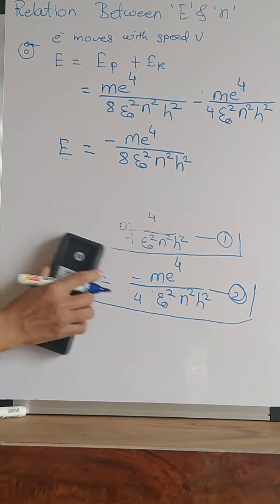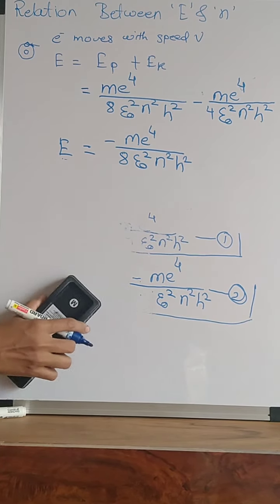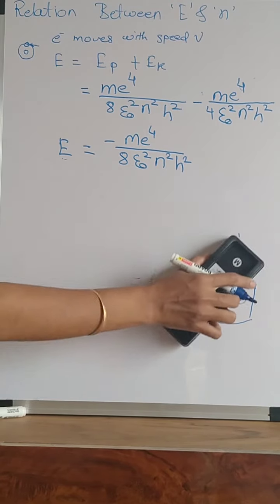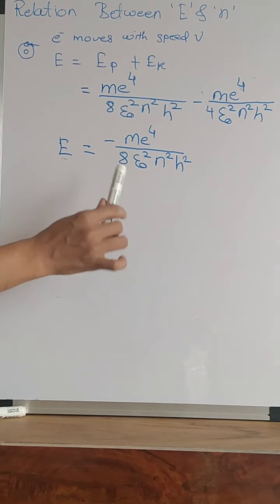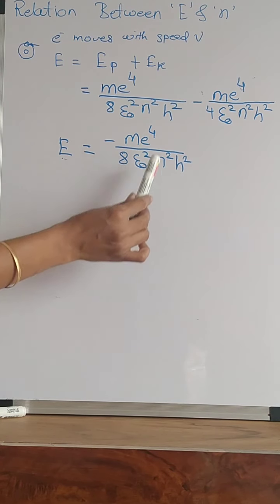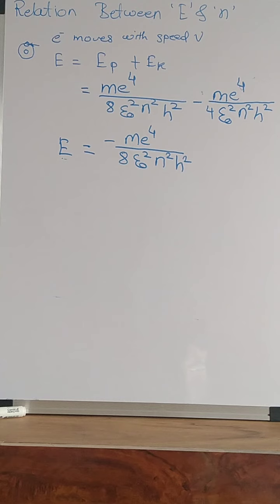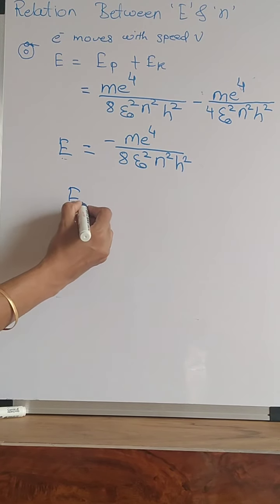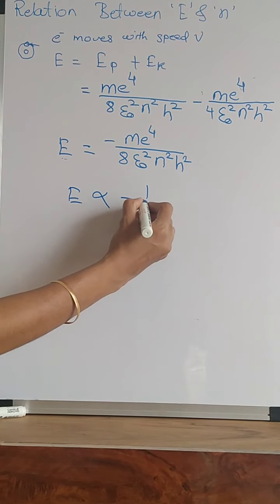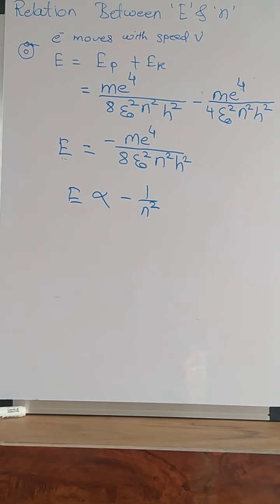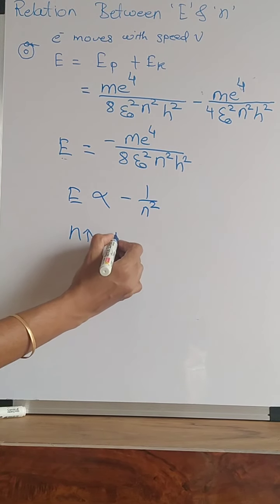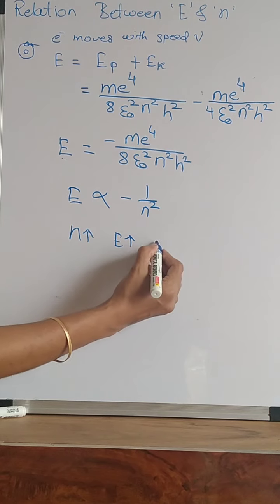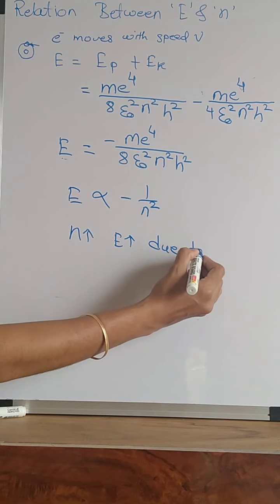Okay. Now if we see m, e, epsilon naught and h all are constant values, so E is directly proportional to minus 1 upon n square. This indicates what? As n increases, E also increases due to negative sign.